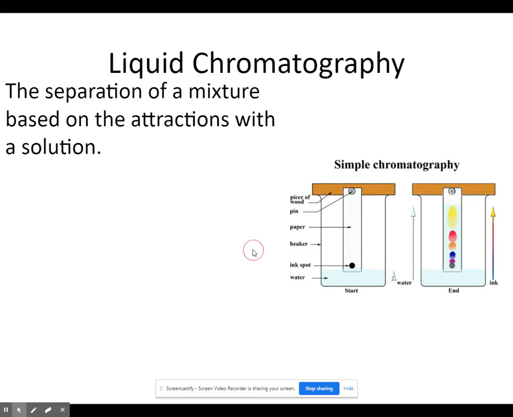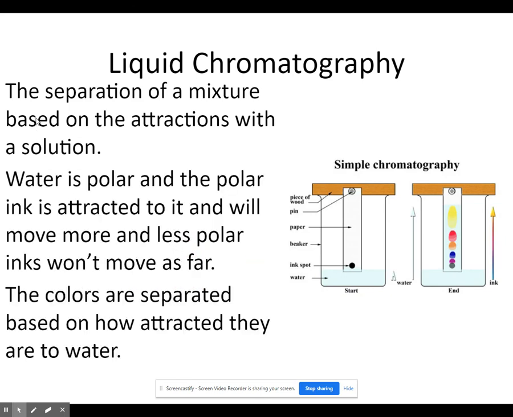This also explains a phenomenon called liquid chromatography, which is the separation of a mixture based on its attractions to the solution. So in other words, if I put a dot of ink here on this chromatography paper and I put a solvent like water here at the bottom, my water travels up because it's attracted to the paper.